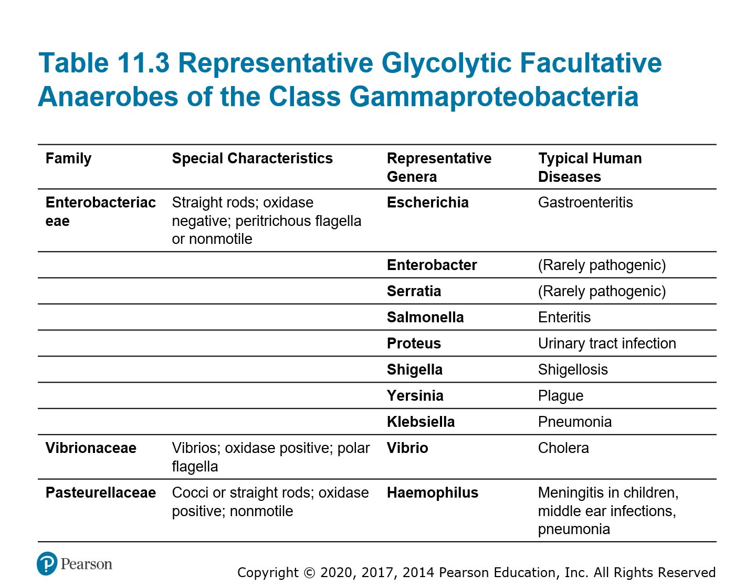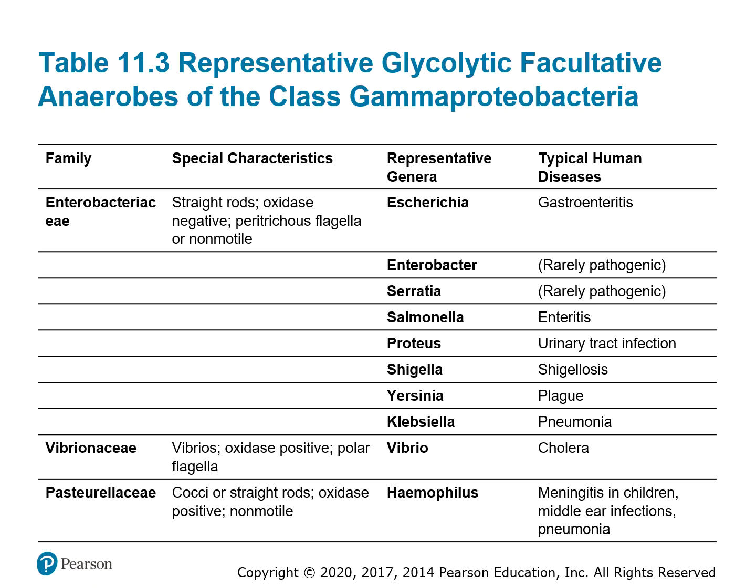So we have the Enterobacteriaceae. These are straight rods, oxidase negative, which is a test you're about to learn how to do, and peritrichous flagella, or they can be non-motile. Classic representative of this is E. coli or Escherichia. And then there's the Enterobacteriaceae, Serratia, Salmonella, Proteus, Shigella, Yersinia, and Klebsiella. They're all in this particular family.